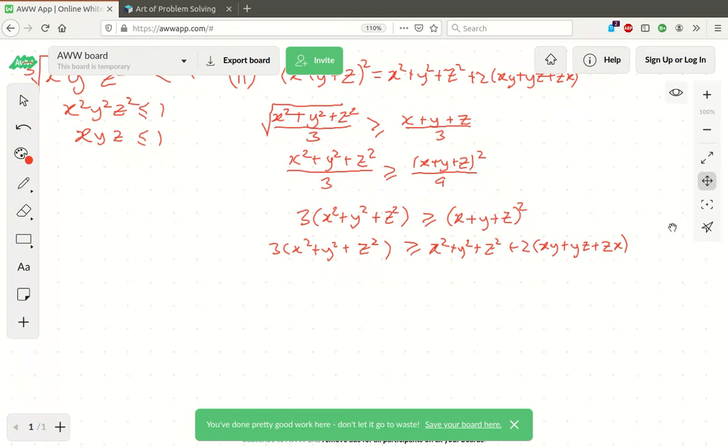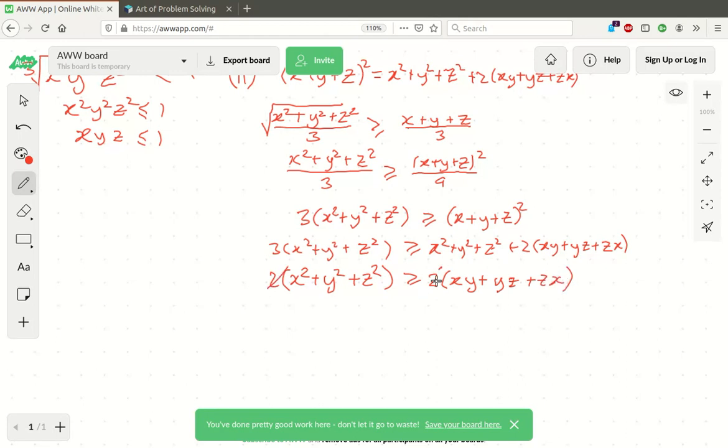Yeah, I've got that all right. Yeah, that looks good. I times that by 9. I've got 3 there. Lovely. Okay, I can then just take that away from that to give me, because there's a 1 times x squared plus y squared plus z squared and a 3 times it, I could say 2 times x squared plus y squared plus z squared is greater than or equal to 2 times xy plus yz plus zx.